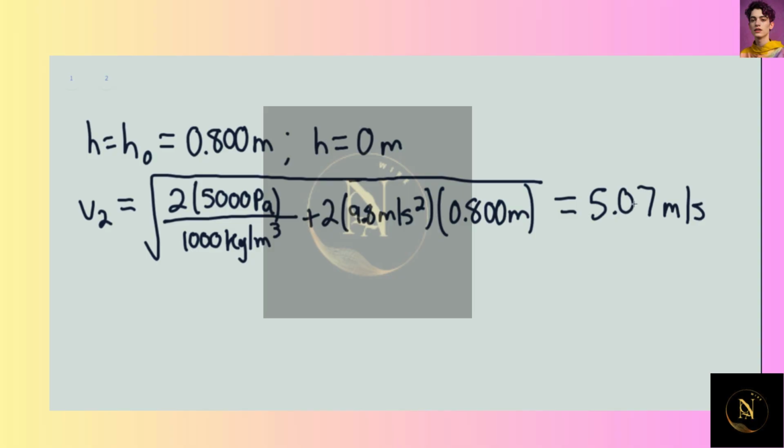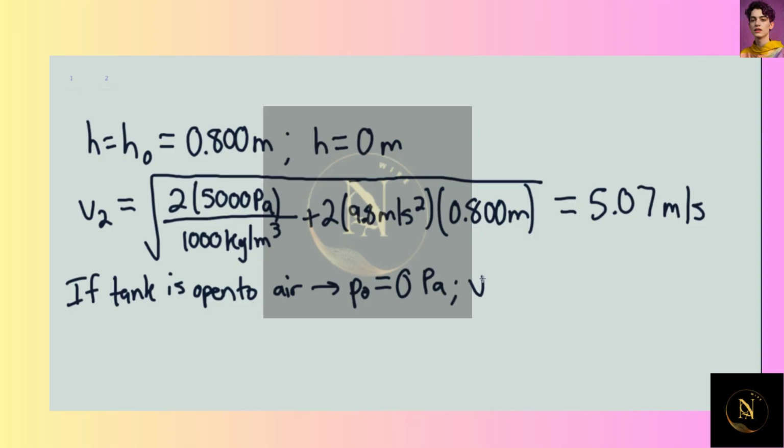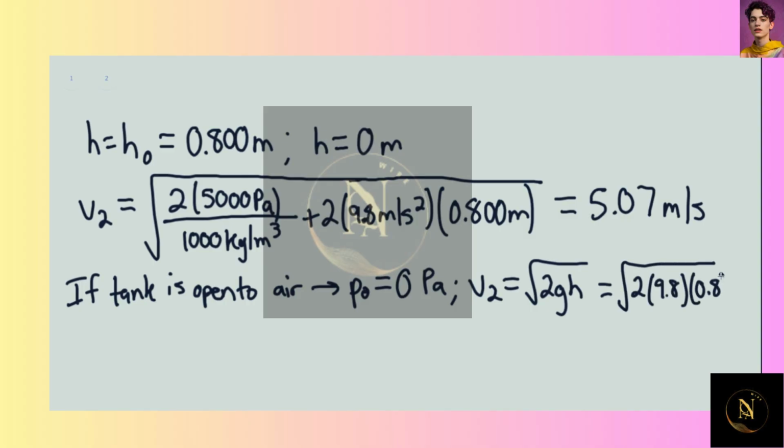If the tank is open to air, we can then say that P naught is equal to 0 pascals. And so v sub 2 would simply be the square root of 2gh, which is 2 times 9.8 times 0.8.